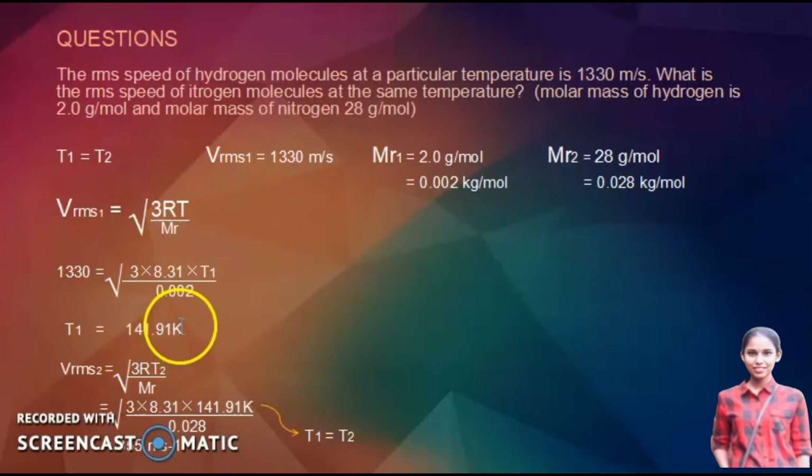Don't forget the unit must be in Kelvin. Since we already got the temperature, same temperature means T1 equals T2. So substitute the value of T1 as T2 and use the formula, then we get the final answer, which is the RMS of nitrogen molecule.